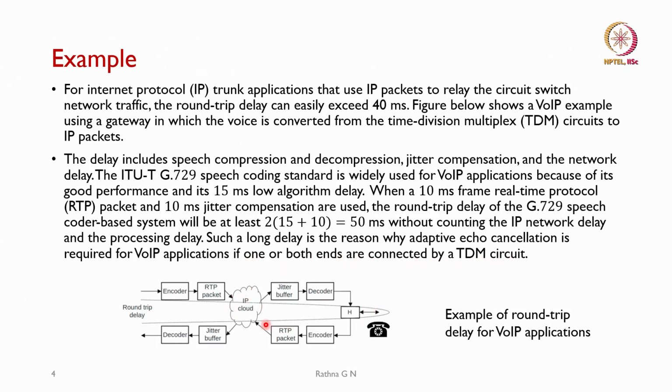So, for this reason one has to use the echo canceller. As you can see, the round trip delay can exceed 40 milliseconds. With respect to G.729, it is shown that it is going to have a 50 millisecond round trip delay.